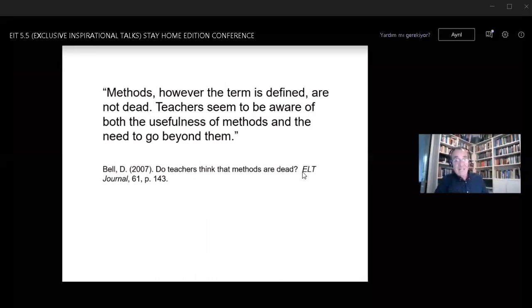Teachers seem to be aware of both the usefulness of methods and also the need to go beyond them. So he was arguing, in fact, that the concept that there is no method is perhaps a theoretical construct, but it doesn't necessarily equate with what teachers think.